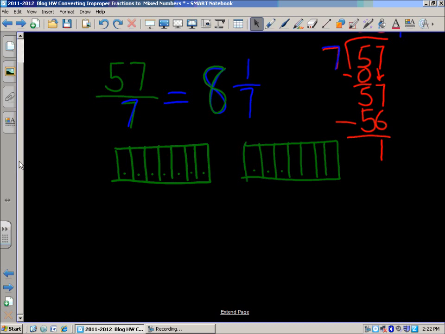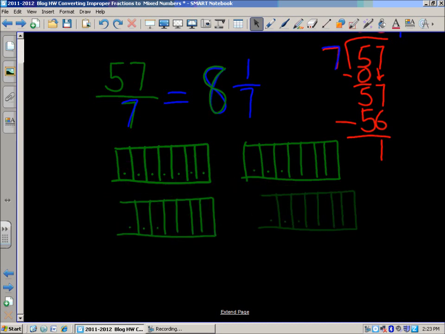There we go. All right, so 8, 16, 8 times 2 is 16, 8 times 3 is 24, 8 times, whoa, back up. We're working with 7. 7 times 1 is 7, 7 times 2 is 14, 7 times 3 is 21, and 7 times 4 is 28. We're trying to get to 57.